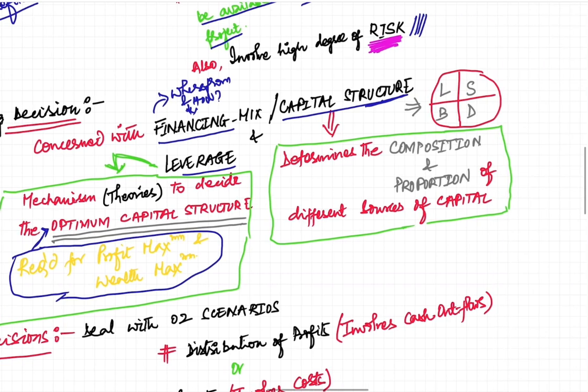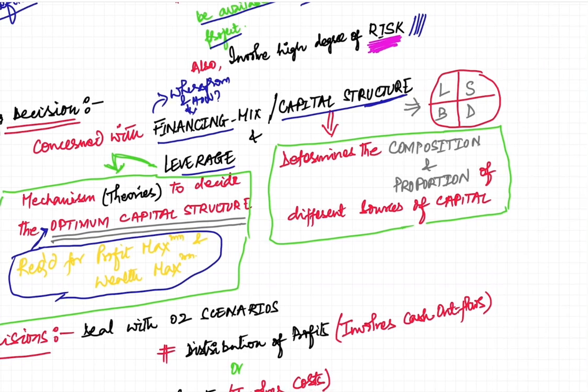Now, what is capital structure? Capital structure determines, the key words here, my dear students, composition and proportion of different sources of capital. Now, what are different sources of capital? Shares, debentures, bonds, loans.